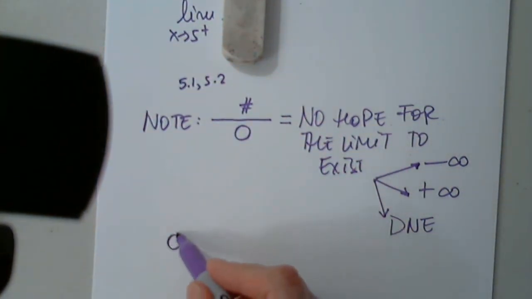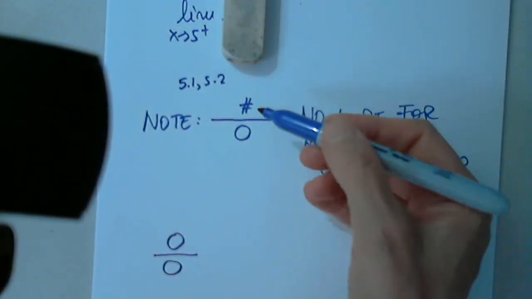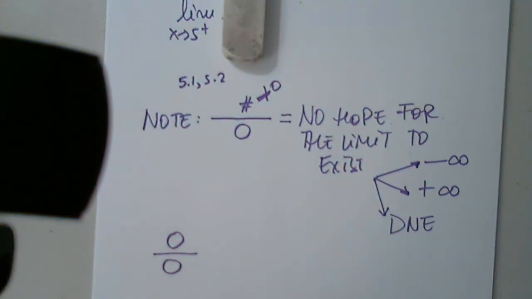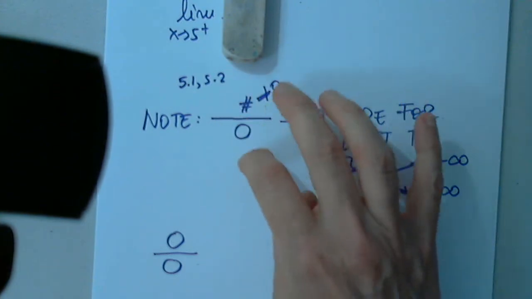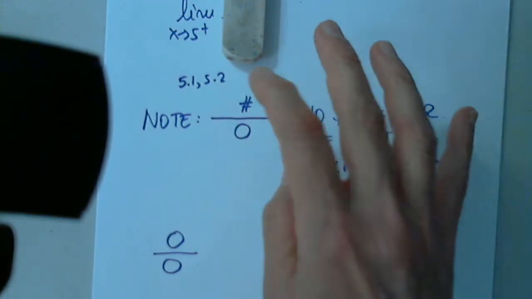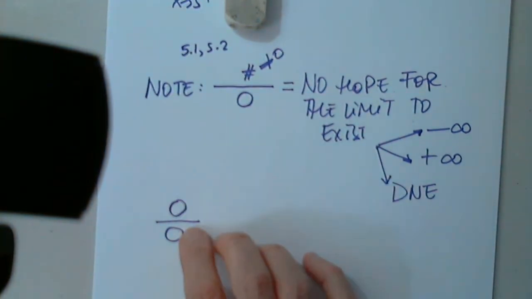Now, what about 0 over 0? Because I excluded that option here. This cannot be 0. So basically, so far we're looking at these two situations, right? Any number, 5 over 0, 10 over 0, 10 million over 0. Okay, but what about 0 over 0?